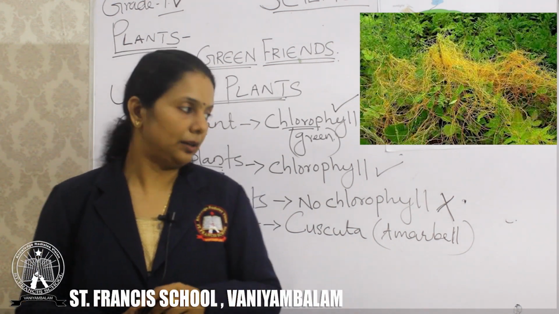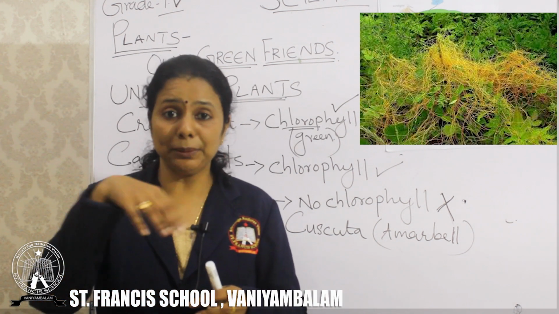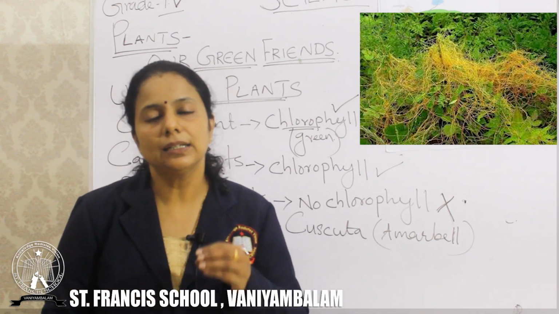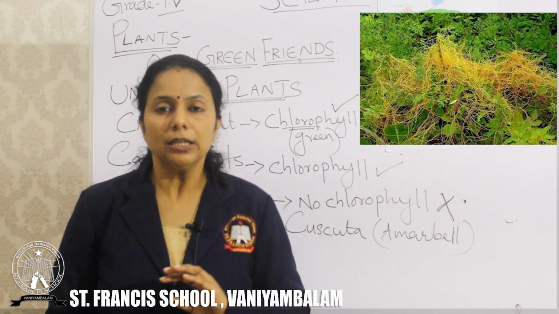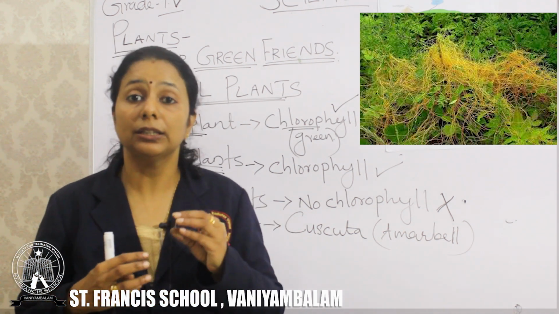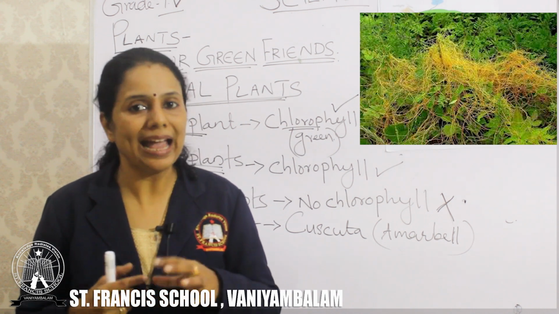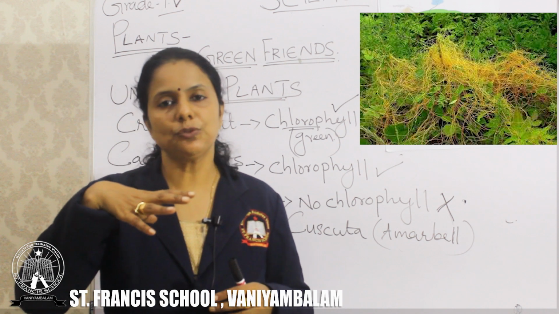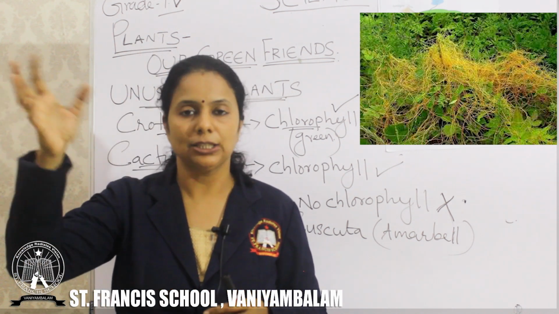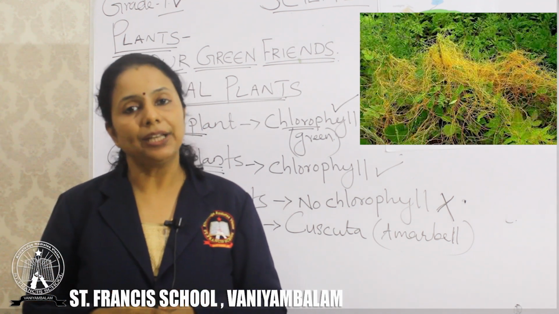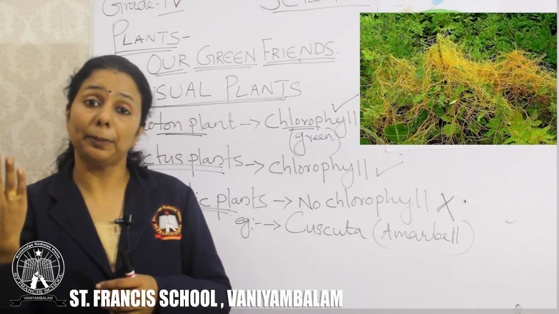This Cuscuta is a climber, which climbs on big trees, and it is yellow in color. There is no chlorophyll, so Cuscuta is yellow. They don't have green color. These plants climb on large trees and take the food from that tree.